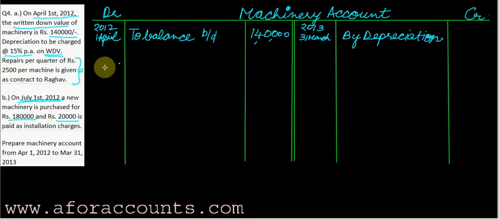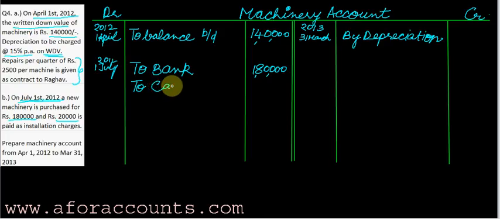So on 1st July 2012, one more machinery. So machinery account debit to bank. How much? 1,80,000. And installation charges also to be included. Say I have paid installation charges in cash. So to cash, 20,000.